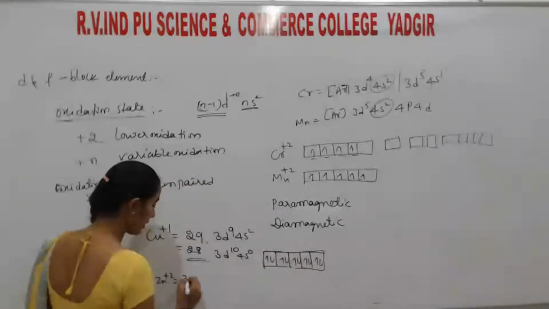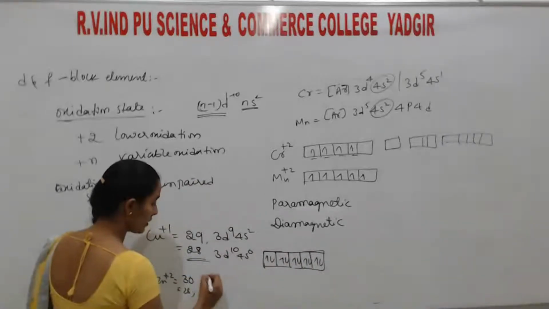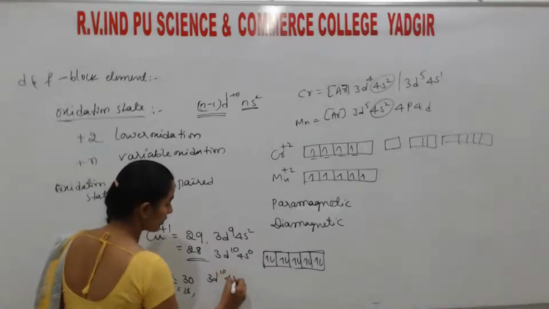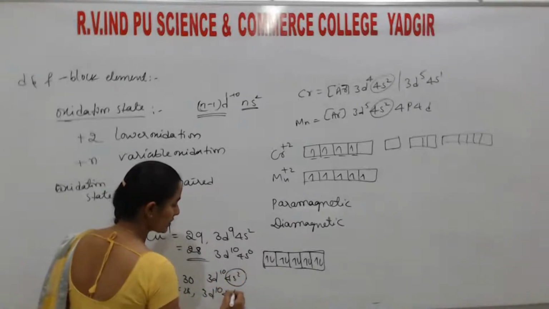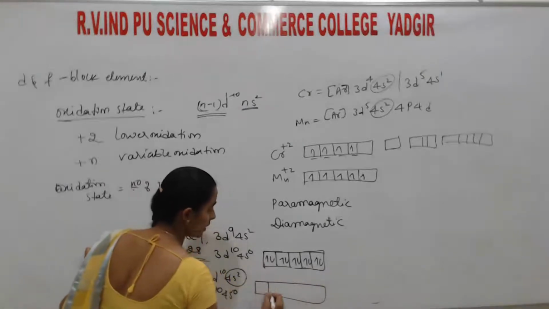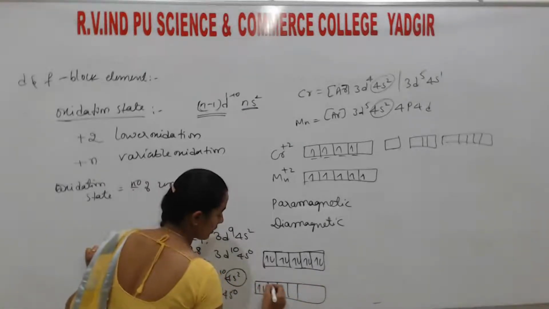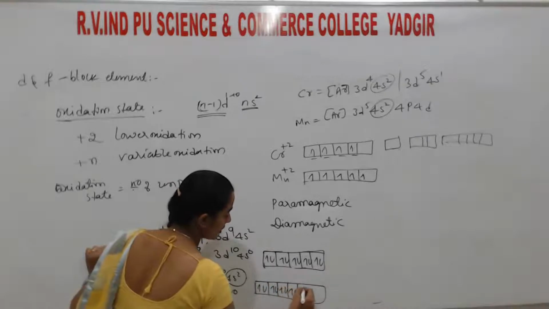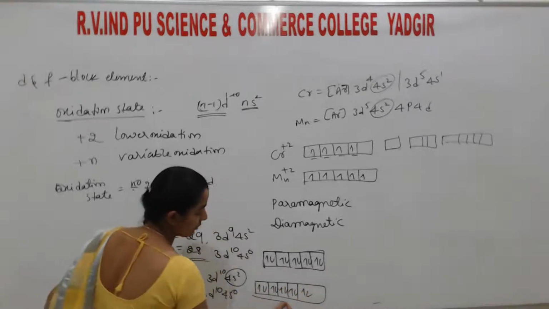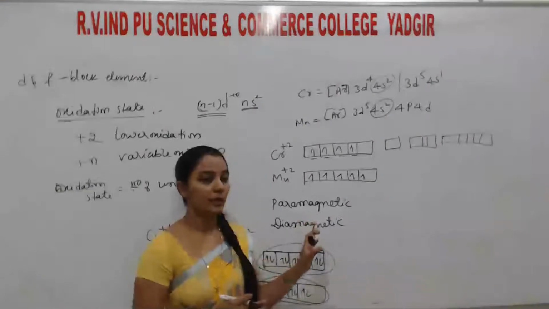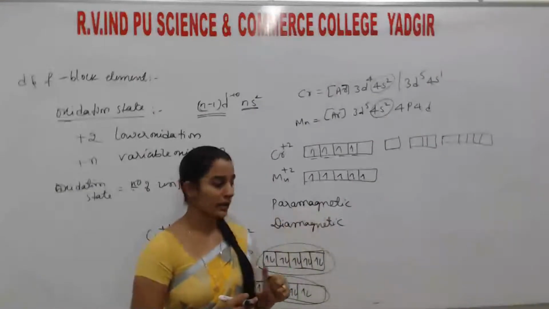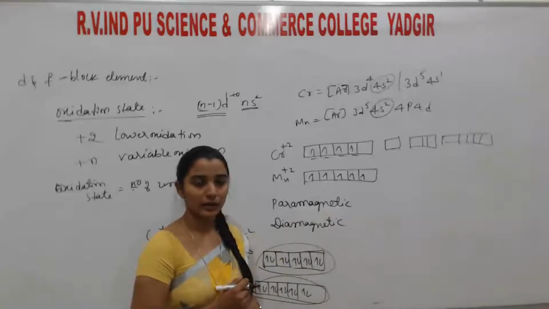Its atomic number is 30, so the total number of electrons is 28. That is 3d10, 4s2, then 2 electrons are lost, so it becomes 3d10. So here also it is completely filled. So that means it is diamagnetic. This is how we explain paramagnetic character and diamagnetic character.